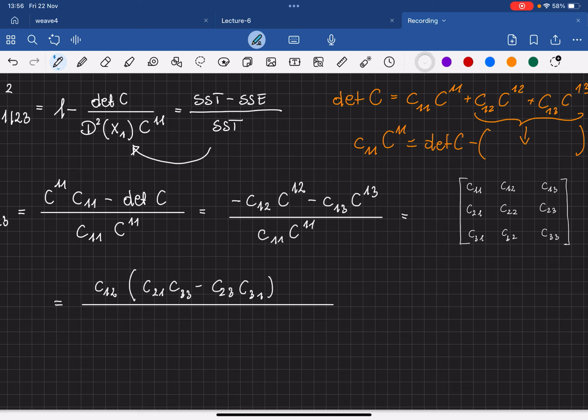Now this. There is minus C13, and I have to make this longer. An algebraic complement of 1,3, which means the determinant of this matrix.